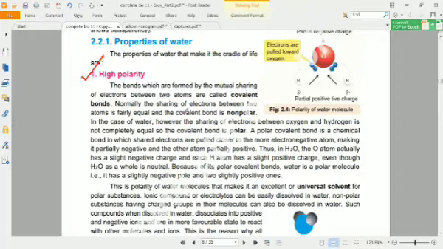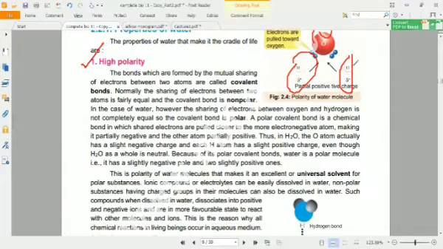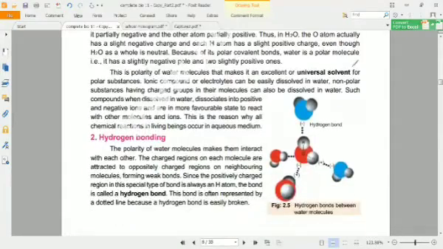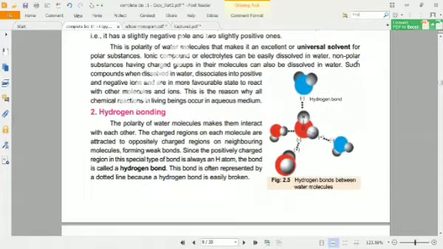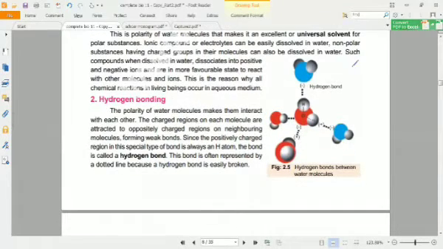It is a covalent bond between water molecules, but there are partial positive and partial negative charges around hydrogen and oxygen atoms, so that's why they have high polarity. So water is a polar solvent, and it has a polar covalent bond as well.